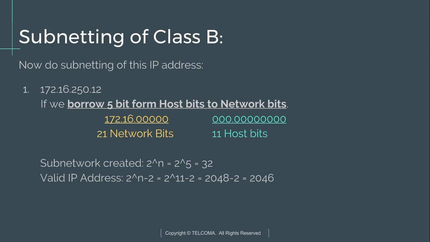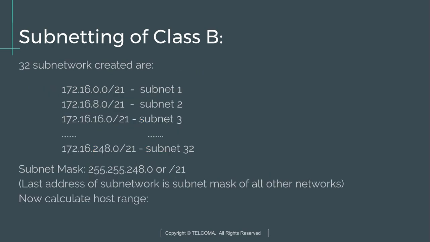We use the formula 2 raised to power n, where n is the number of borrowed bits. Here we are borrowing 5 bits, so 2 raised to power 5 gives 32 subnetworks. The valid IP addresses in each subnetwork is 2046, which we get by calculating 2 raised to power n minus 2, where n is the number of left over bits. So each subnet will have 2046 valid IP addresses.